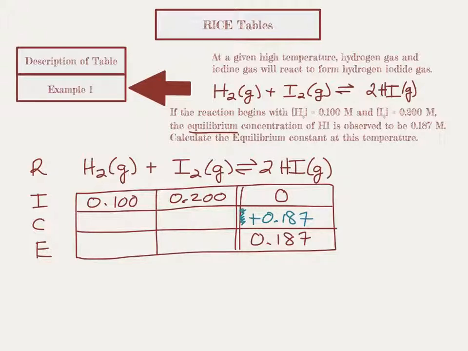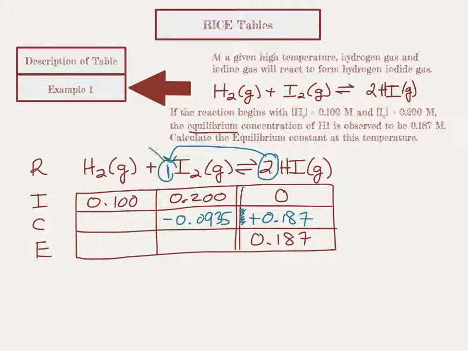It must have come from the reactants. And then I remember that I write down my reaction ratios so that I can do multimole ratios. If I have 0.187 products, which have a 2 in front of them in a balanced chemical equation, that means that I needed half as much iodine to get things going. So I'll grab a calculator and do 0.187 divided by 2 and write down the answer of 0.0935.